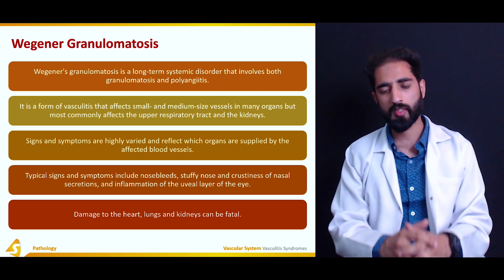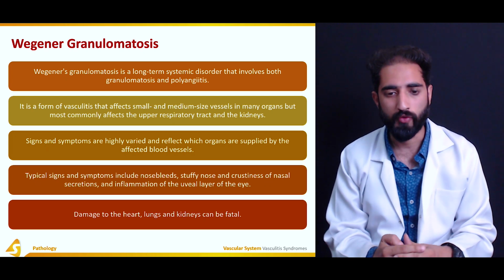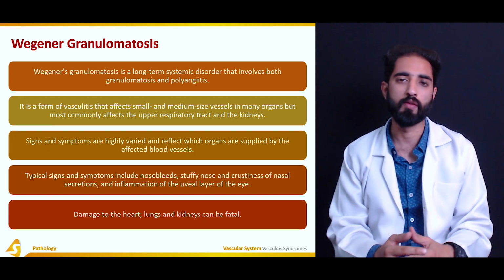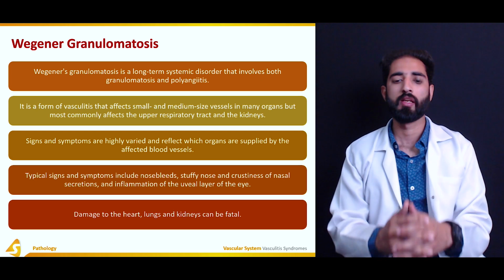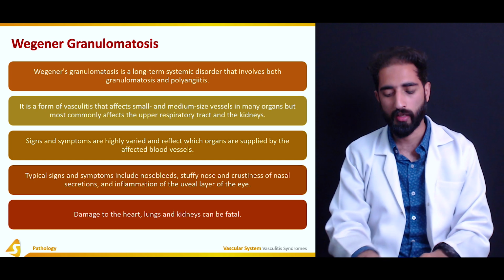The typical signs and symptoms, however, include nosebleeds, stuffy nose, crustiness of nasal secretions, and inflammation of the uveal layer of the eye. It can also result in damage to the heart, lungs and kidneys, which can be fatal.